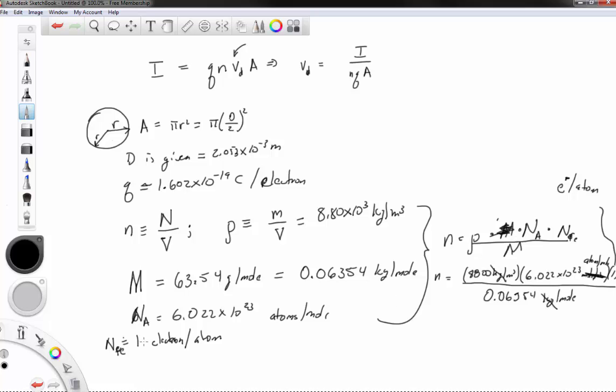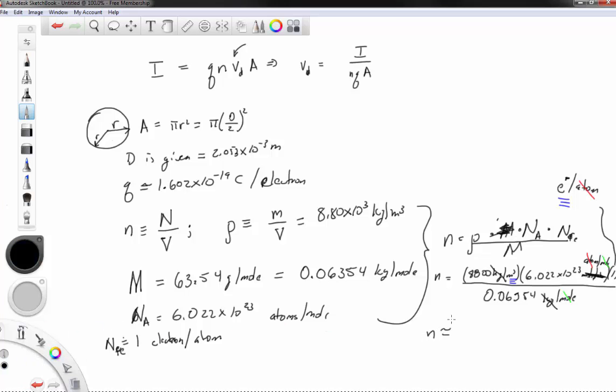You can see that there's kilograms here and there's kilograms here. You can see that there are per atom here and there's atoms here. And you can see that there are moles here, or per moles here, and there's per moles here. So everything cancels except for the number of electrons and the per cubic meter, which is the things that we want.